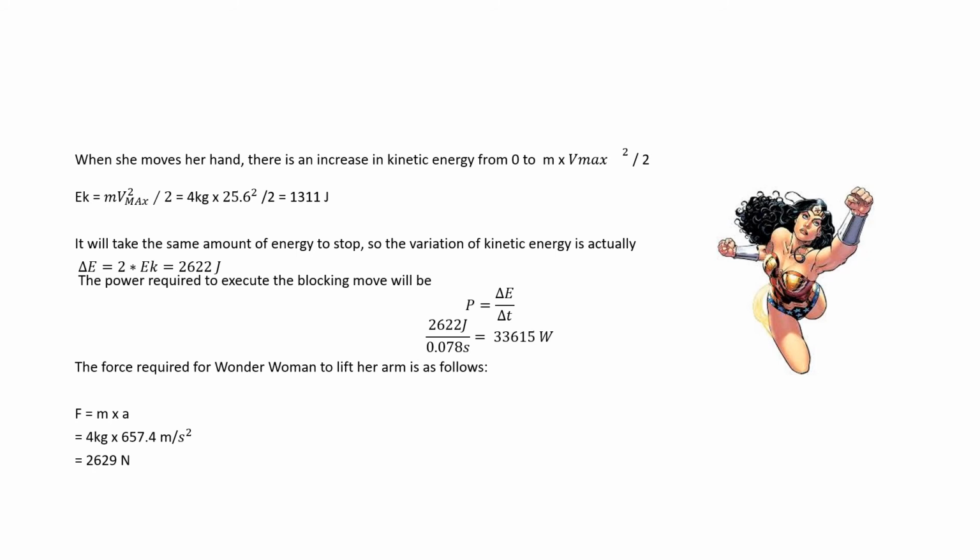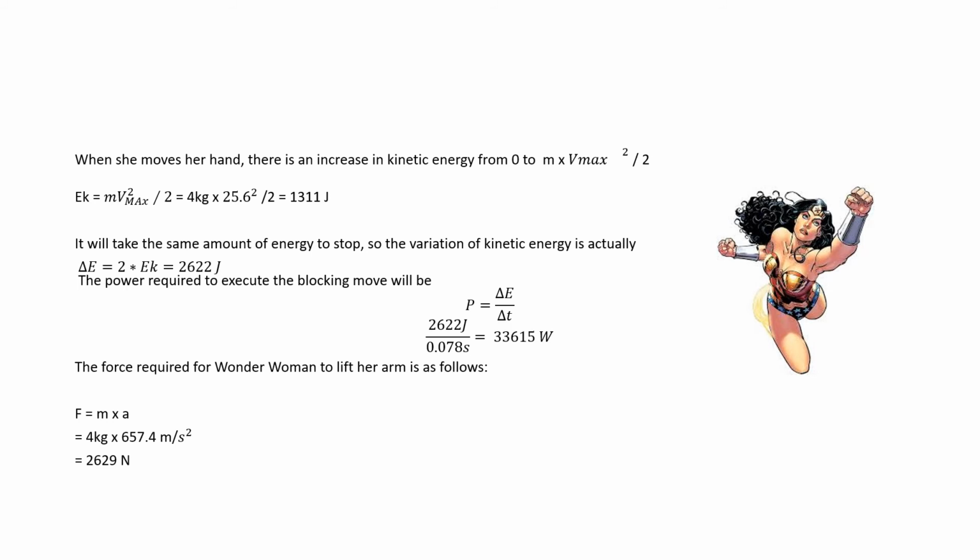If we plug our values in for our kinetic energy, we land with 1,311 joules. It will take the same amount of energy to stop, so the variation of kinetic energy is actually 2 times the kinetic energy. So if we multiply our kinetic energy by 2, we get 2,622 joules.